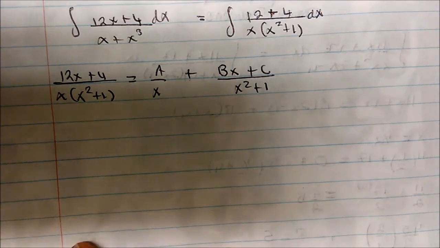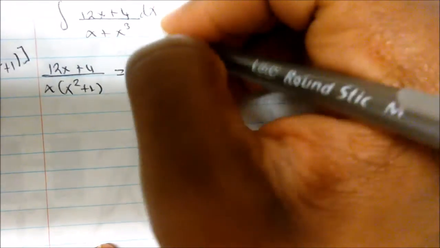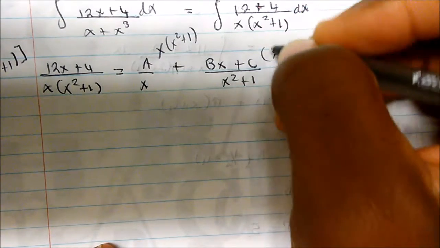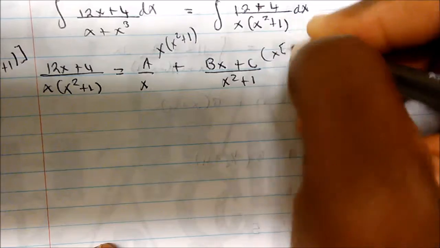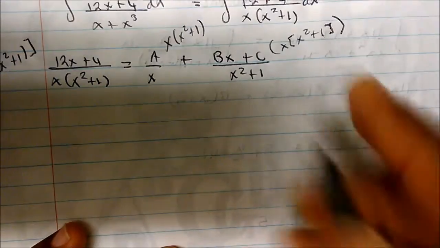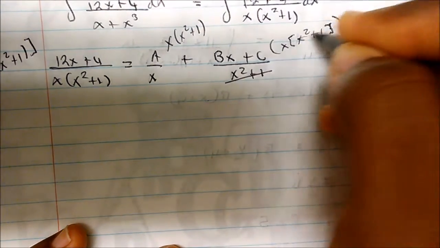Okay, and so the idea now becomes, well, if I multiply by x times (x squared plus 1) on both sides, well, notice I have an x squared plus 1 here and an x squared plus 1 here, so these will cancel out.